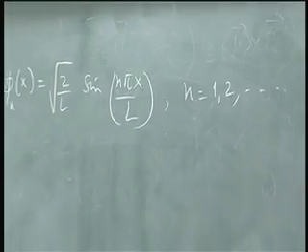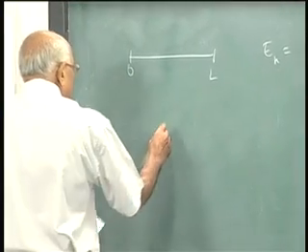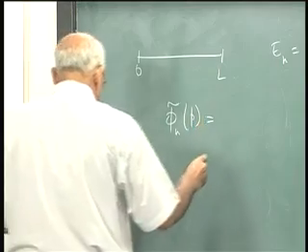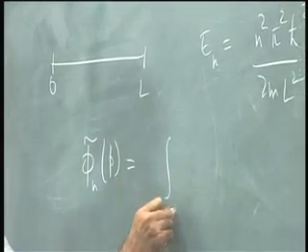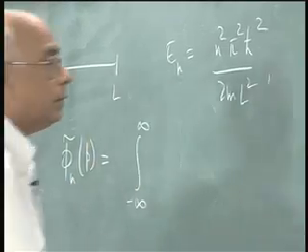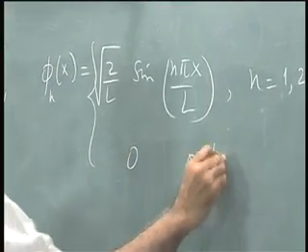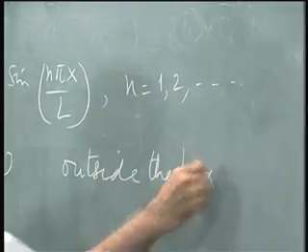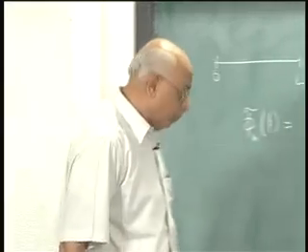And you are asked to find the momentum space wave function corresponding to this, and that has also been written out here. Phi n tilde of p is equal to the integral from minus infinity to infinity. The wave function is 0 outside the box. That is crucial to put in.